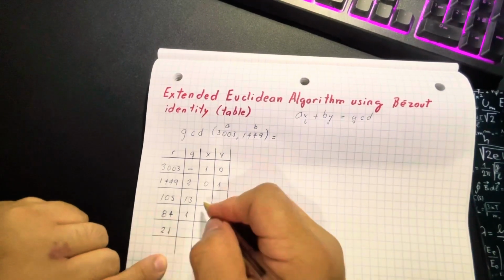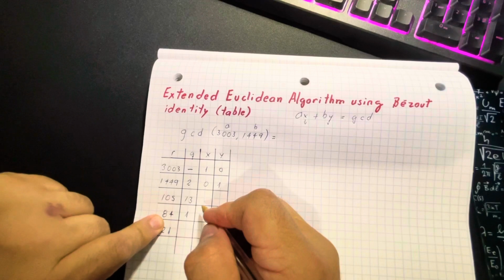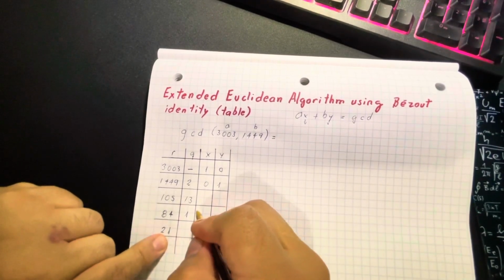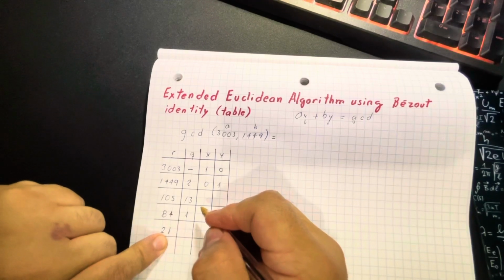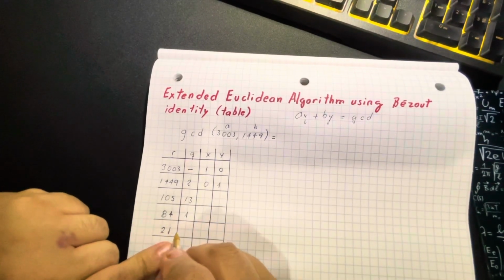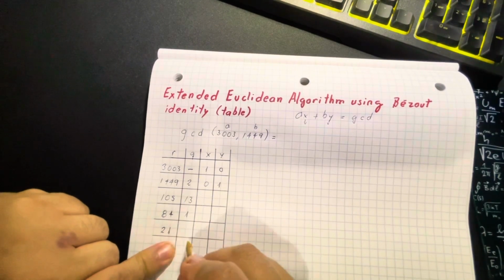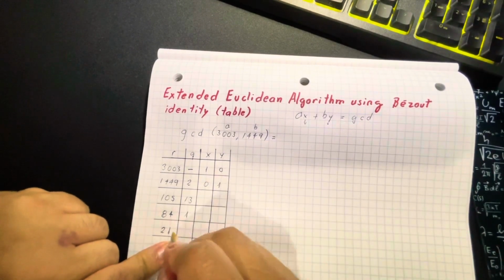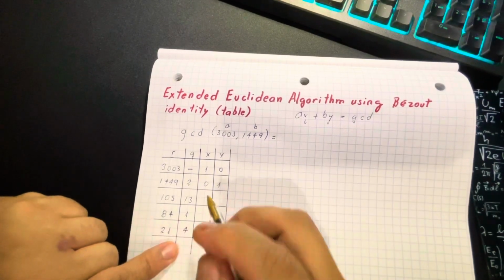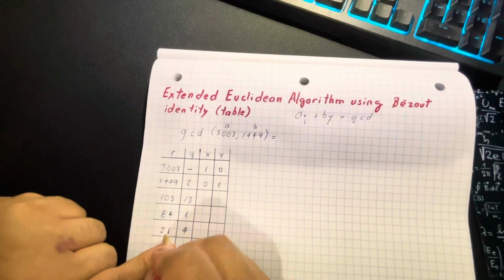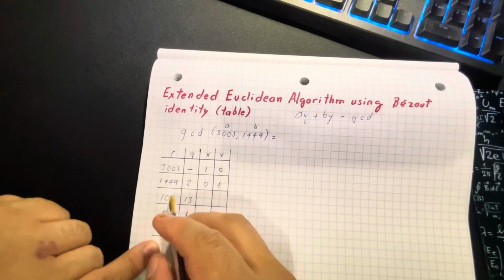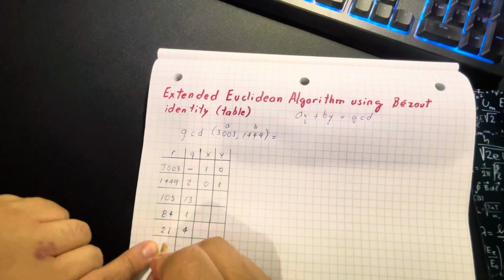Same thing. The 84, you divide by 21, right? And you need a number that multiplying 21 is gonna give you 84. It doesn't pass 84. So you can multiply by 4. 4 times 21 is gonna be 84, with 0 remainder.